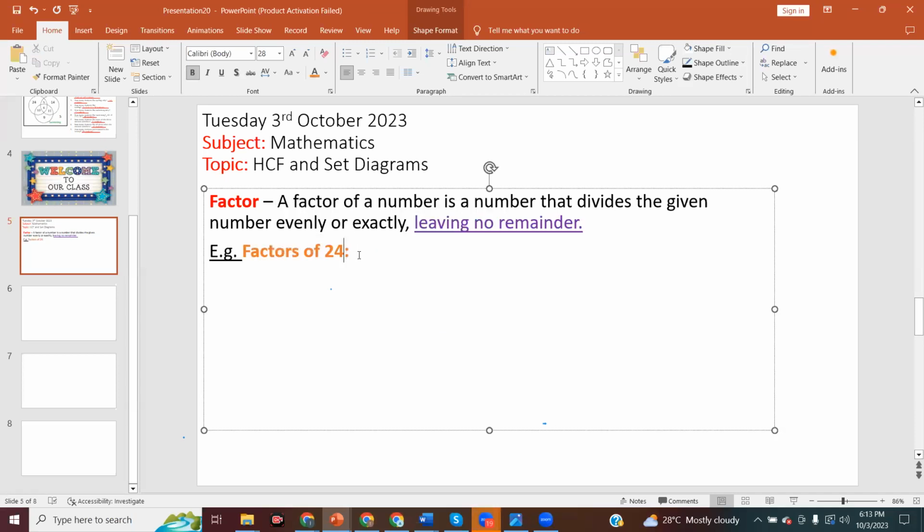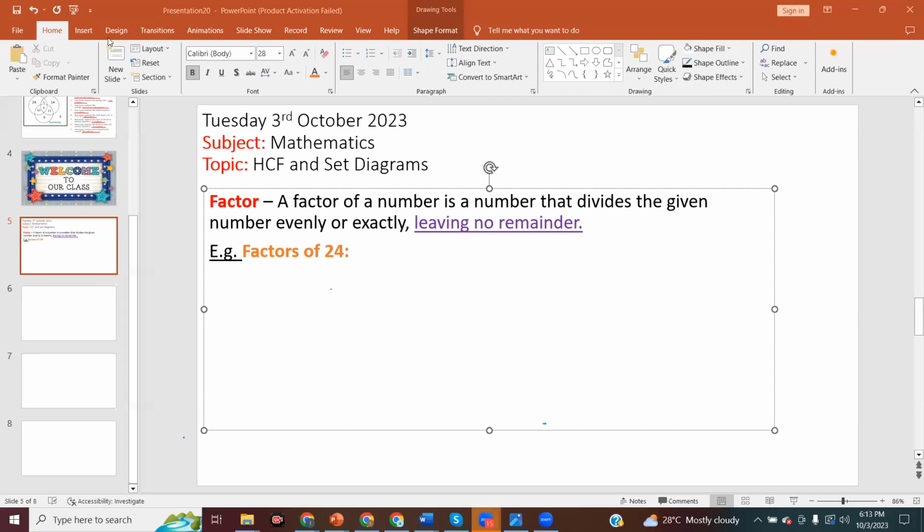All right, factors of 24. Inside the chat, tell me one factor of 24, please. All right, I see a few of you answering. I want everyone to be answering in the chat, not just a few persons.